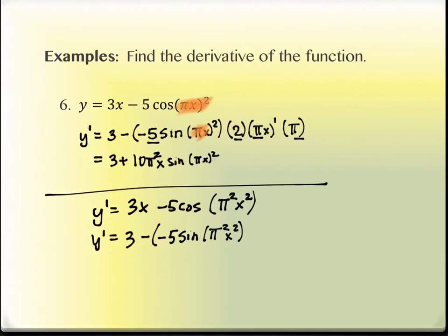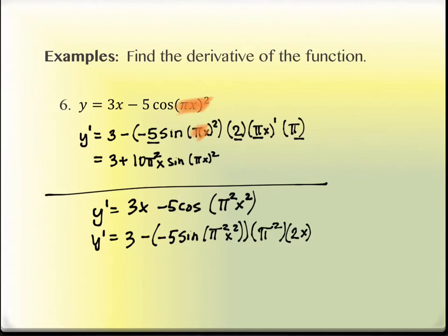And then I would have the derivative of pi squared x squared. Okay, well, pi squared is my coefficient, so just ignore that for the moment. The derivative of x squared is 2x. So I would have the pi squared and times 2x. So pi squared, because it's a coefficient, and then 2x.